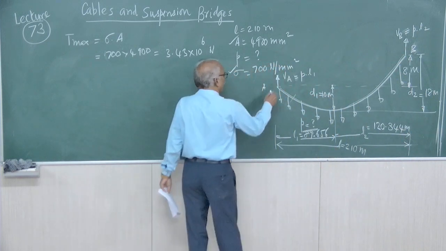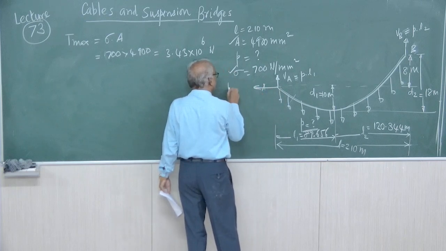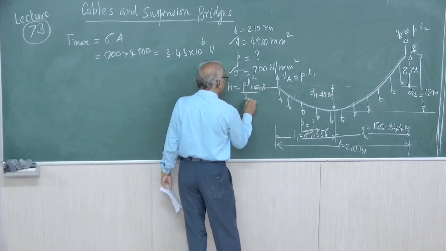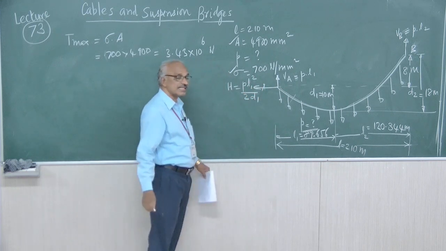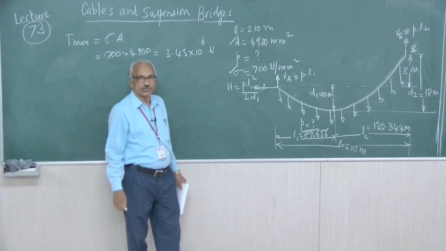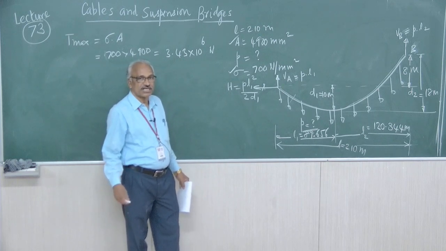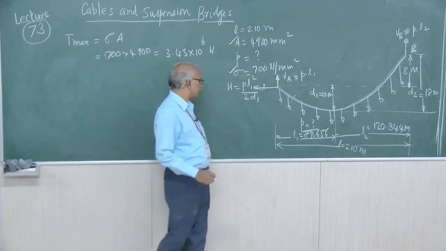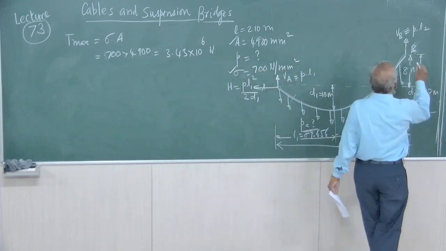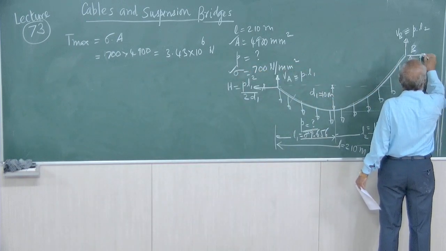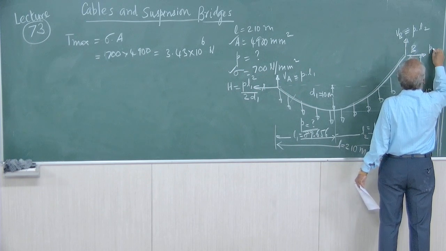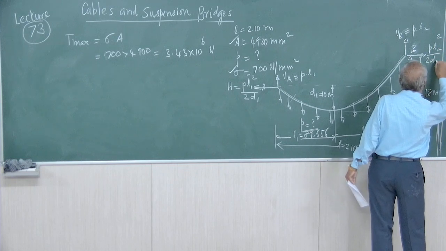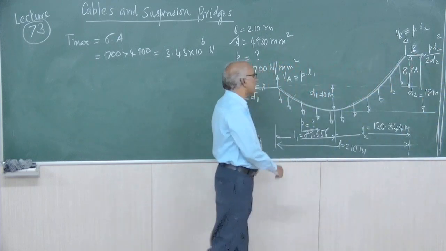The horizontal tension H equals P L1 square by 2D1. When the supports are at the same level, the formula is PL square by 8D. When the supports are at different levels, H equals P L1 square by 2D1, and also H equals P L2 square by 2D2. The numerical value will be the same; both will have the same value.